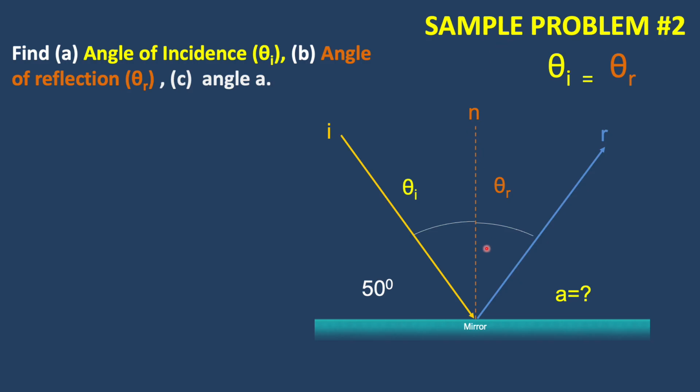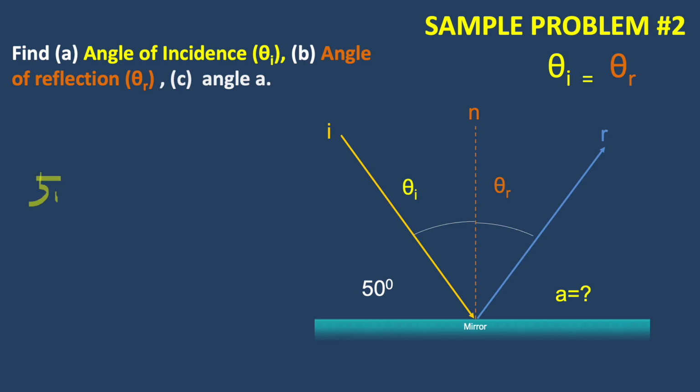Again, the angle of incidence and angle of reflection are positioned perpendicularly to one another. Therefore, 50 degrees plus theta I, or angle of incidence, is equal to 90 degrees. Now, let's try to solve the values for theta I, theta R, and angle A.